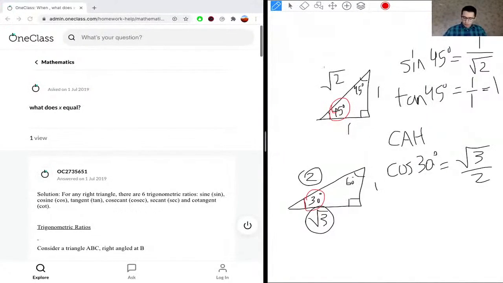And let's say we want to do secant 30 degrees. Secant is just 1 over cos, so it would be 2 over square root 3. And similarly for sine and the rest of the trig ratios.